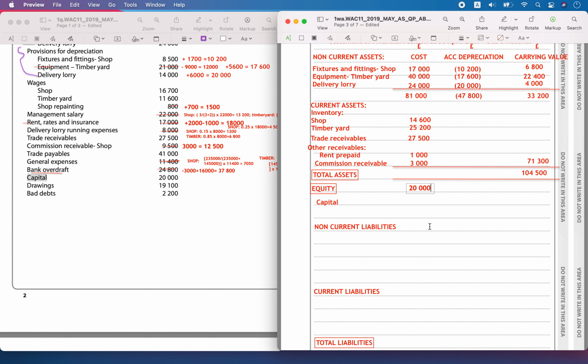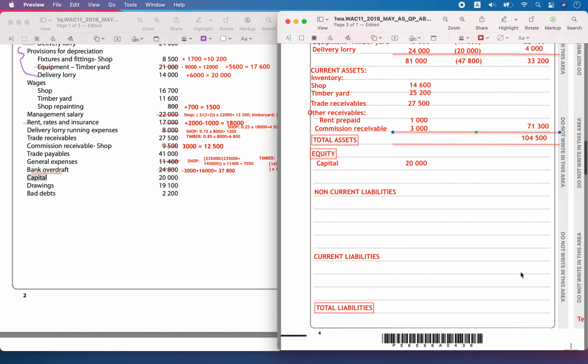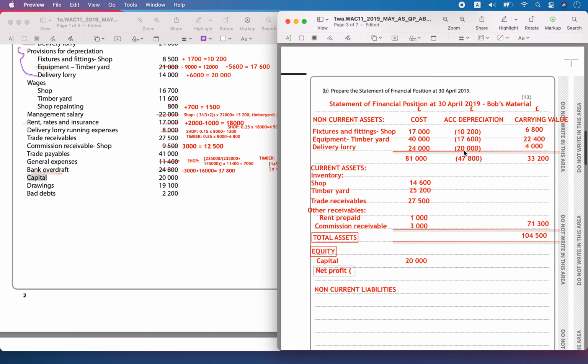Then you have the net profit. So let's calculate the net profit.